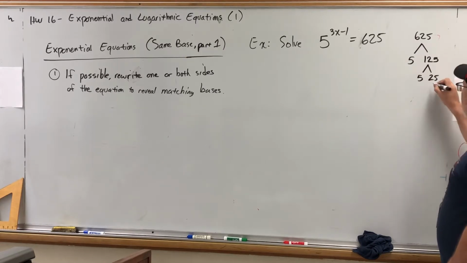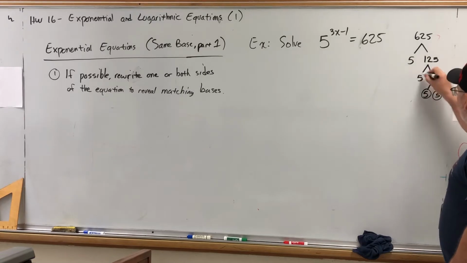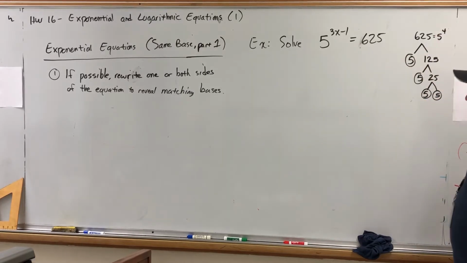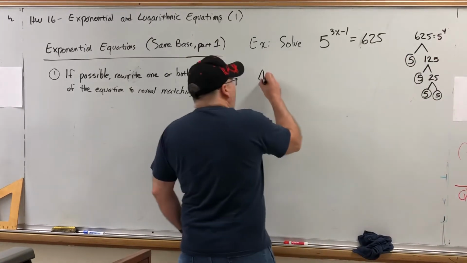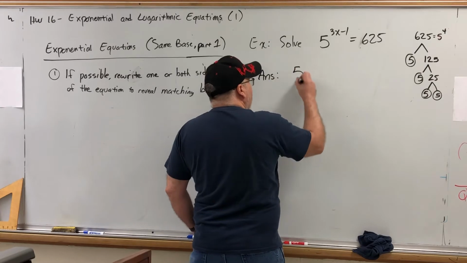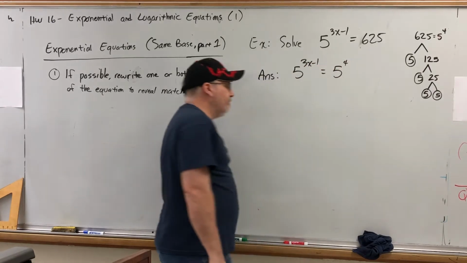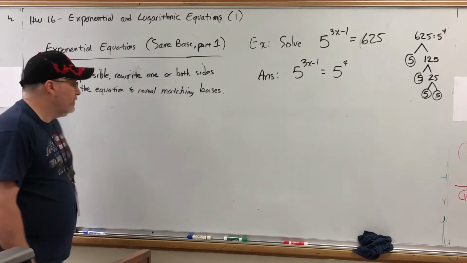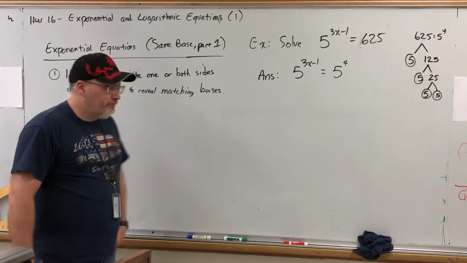Aha! If I divide 25 by 5, I get 5. 625 is made up of 4 5s. 625 is 5 to the 4th power. So, I can rewrite the right side of this problem as 5 to the 4th power. I did not need to rewrite the left side, it was already a power of 5. So I just revealed matching bases. Both sides have the same base.